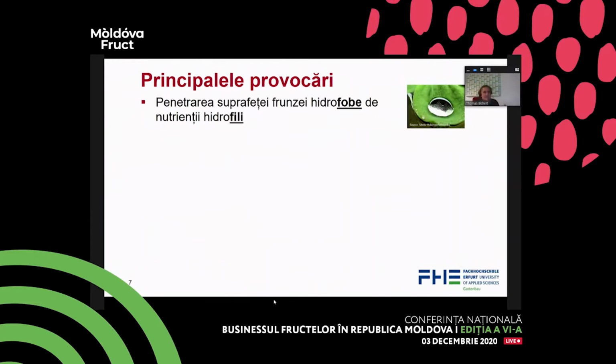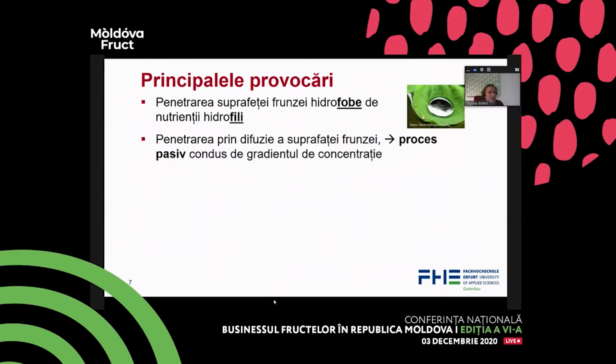They are dissolved in water. And the second is, of course, what I mentioned already, it is a passive process. It's diffusion. It is only driven by the concentration gradient, which means if you have a high concentration on the leaf surface, it will at different speeds, but it will definitely enter the leaf.